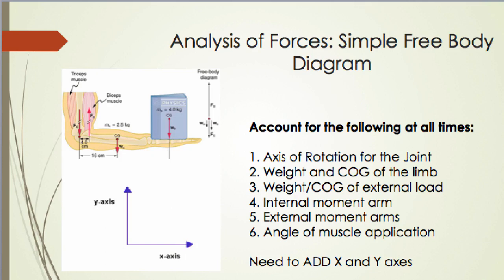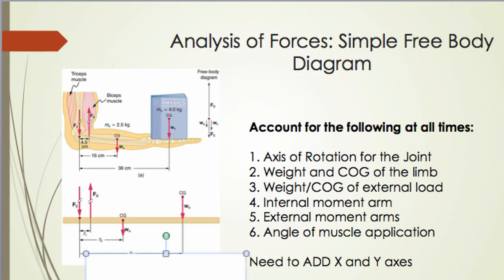So here's an example of a simple free body diagram. You can see in the picture here, let's move that out of the way for a minute, we have a picture of a person's humerus, biceps, triceps, radius, forearm, and hand, right?